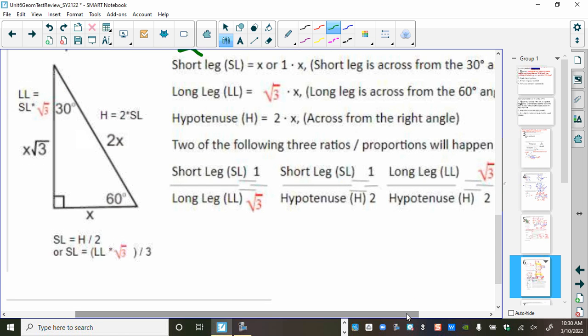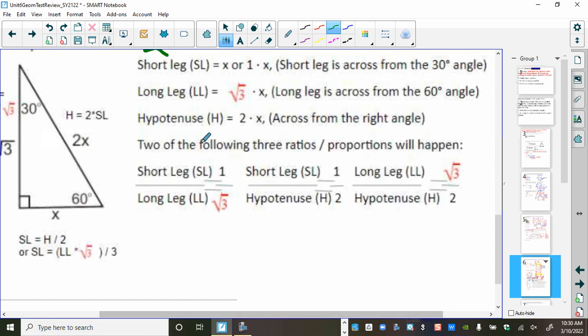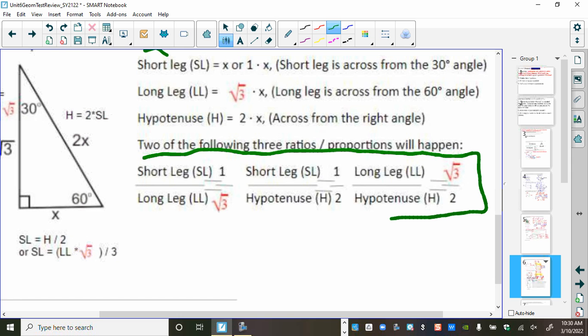Again, we're going to use two of these three for the problems that we're going to do next. Long leg, short leg, hypotenuse. So here's what we're going to do. On the next page. Well, actually, this is not so bad.